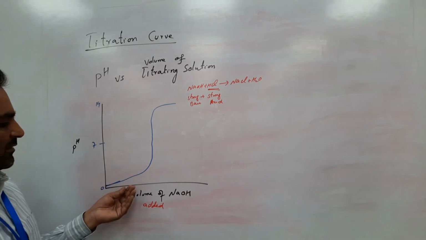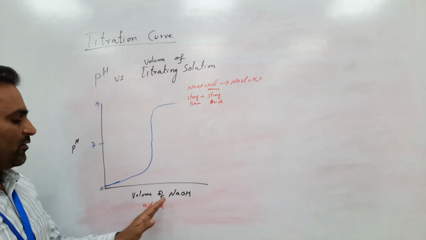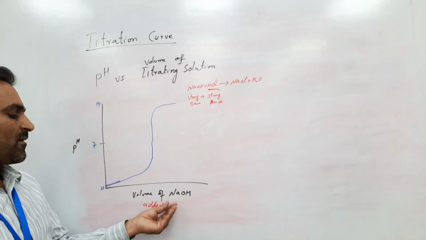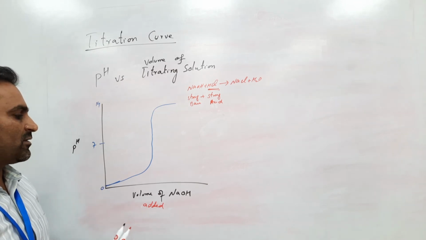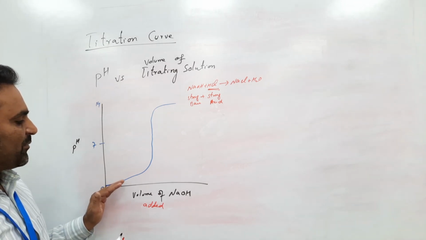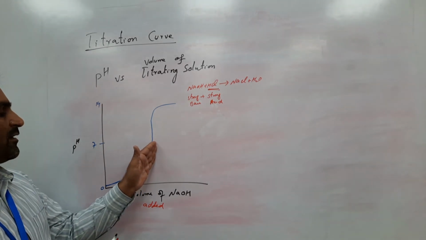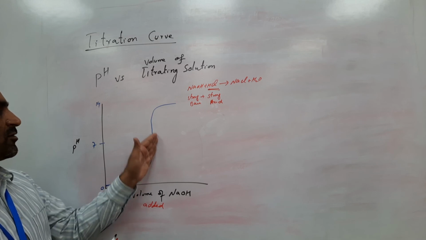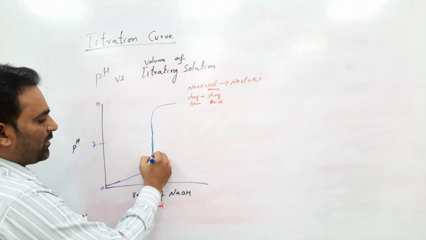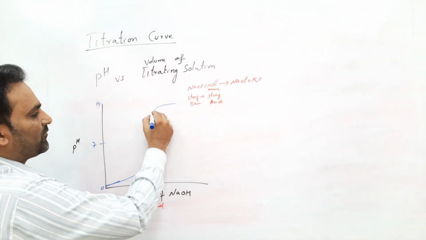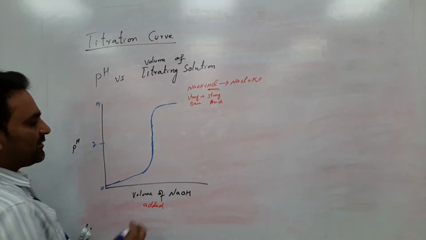Initially you have a strong acid, and when you titrate with NaOH, you are adding some quantity of sodium hydroxide. It will increase the pH, and at some point there will be a neutral mixture, because at that point the number of moles of sodium hydroxide will be equal to the number of moles of HCl.